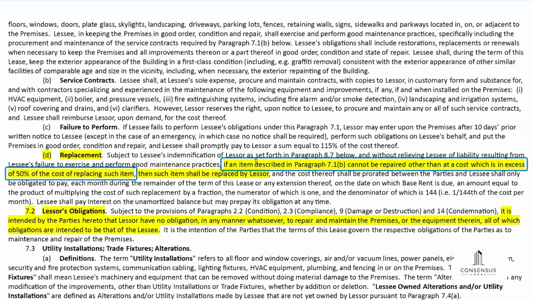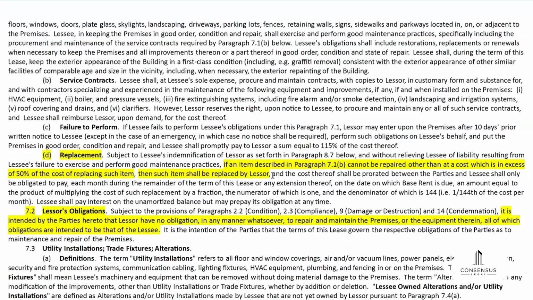So in a few moments, we'll get to the items described in 7.1b. But for now, the concept is if there are certain items that cannot be repaired at a cost which is in excess of 50% of the cost of replacing, then lessor is obligated to replace the item. Okay?